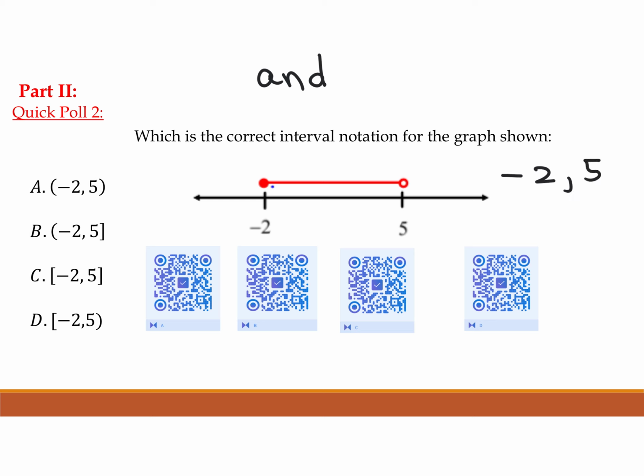5 has an open circle, therefore after the 5 it is a parenthesis.